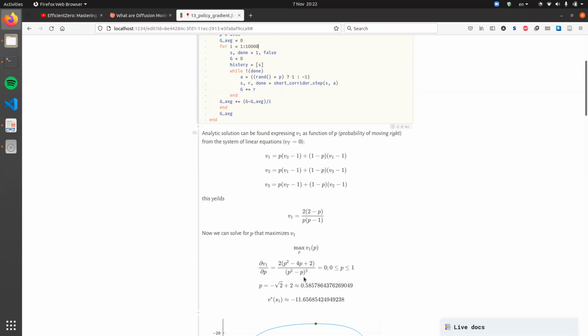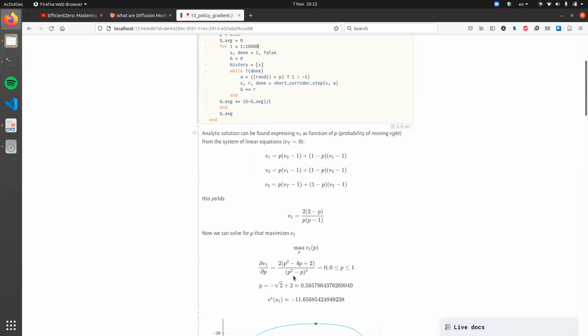You can also see that we will have no solution if p equals 0 or 1, judging by this denominator.